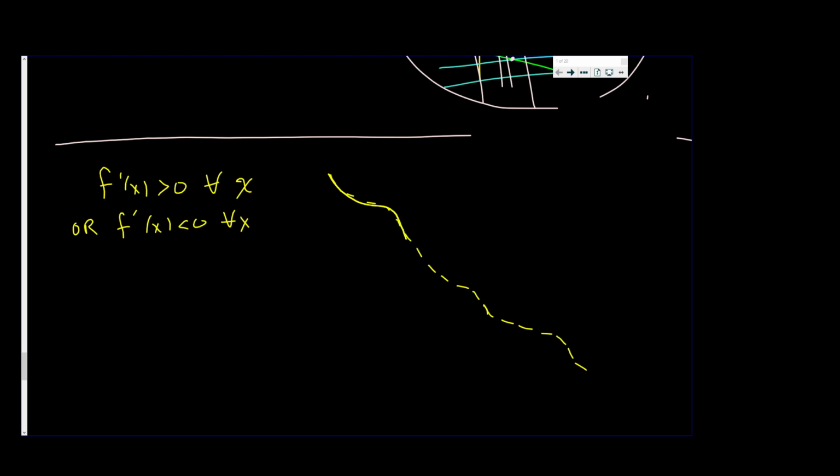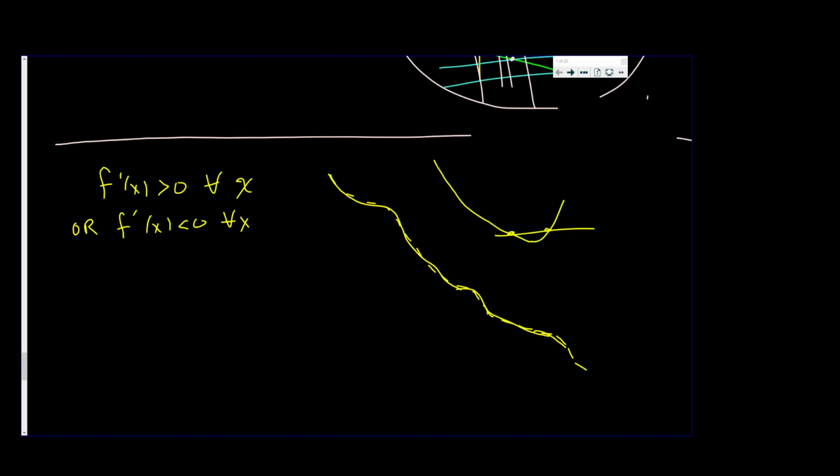Well, this function is always going down. Again, the only way you're going to fail the horizontal line test is if you're going down and then you go up. That's when you fail.